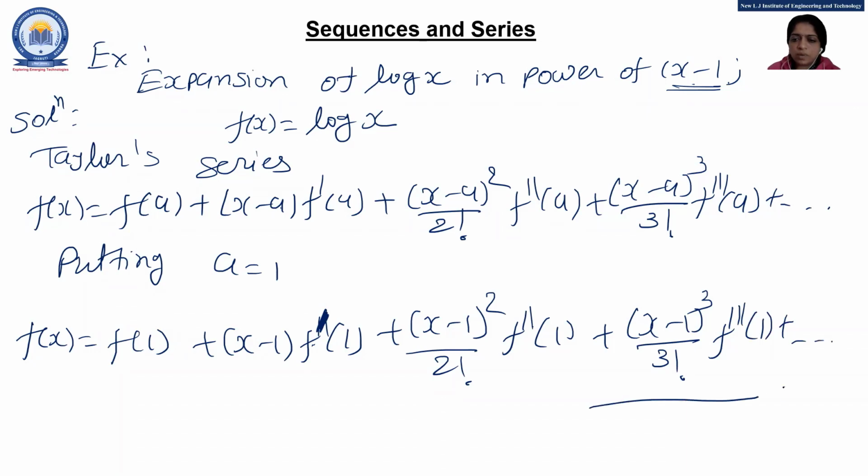Now, this is my equation 1. Now we'll find the values of f of 1, f dash 1, f double dash 1, f triple dash 1, and substitute all these values in this equation 1.